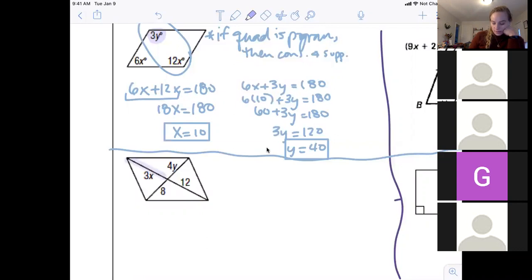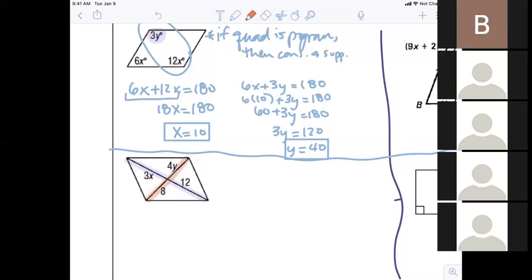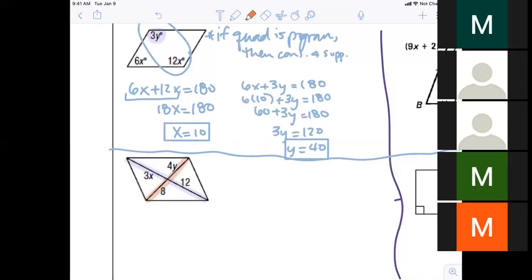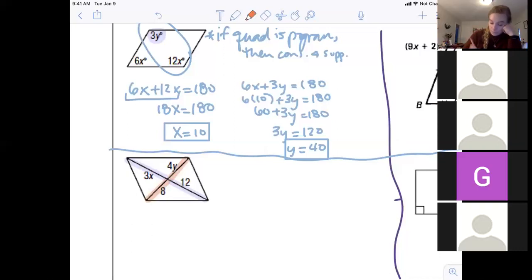I've got 3x. I've got 12. I've got 4y. I've got 8. You could do 3x equals 12 and 4y equals 8.